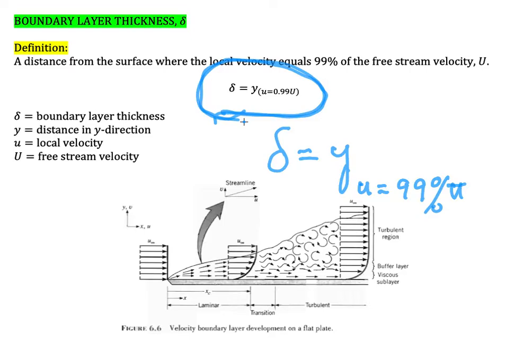Because the equation is very simple, we cannot do more to get the value of y or the value of delta, unless we measure it straightforwardly from the real situation.